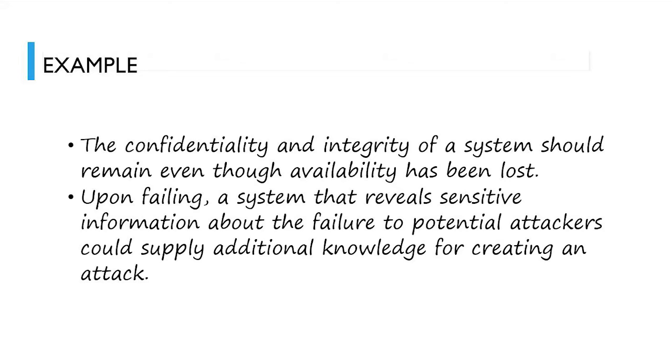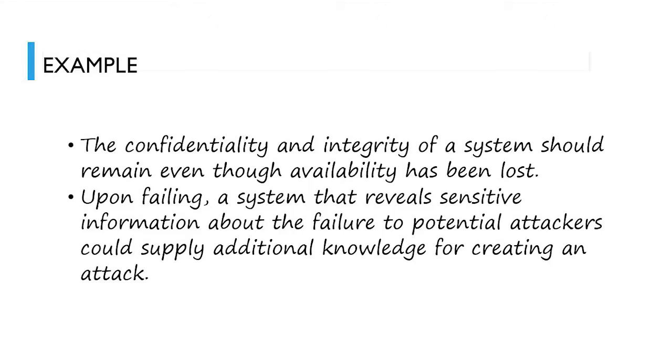Attackers must not be permitted to gain access rights to privileged objects during a failure that are normally inaccessible. Upon failing, a system that reveals sensitive information about the failure to potential attackers could supply additional knowledge for creating an attack.